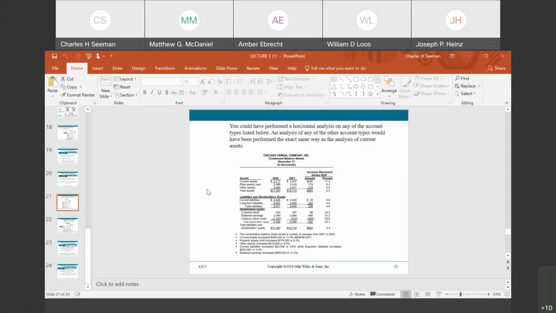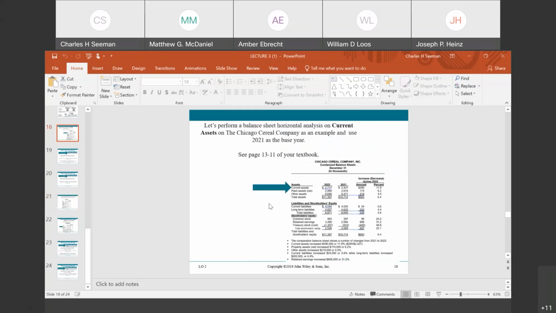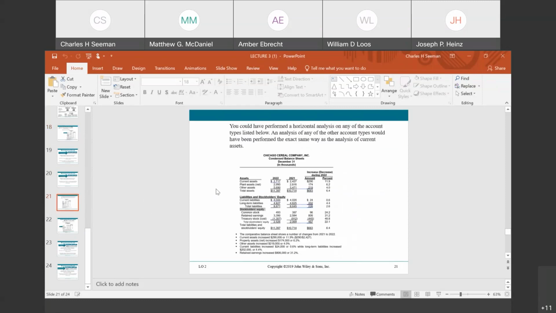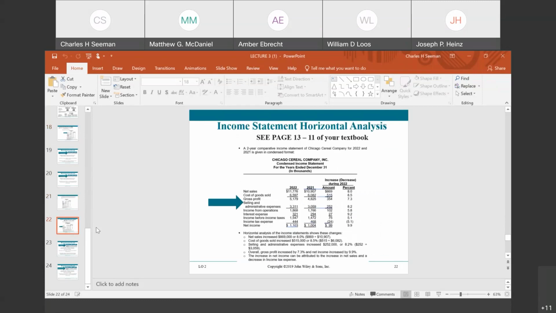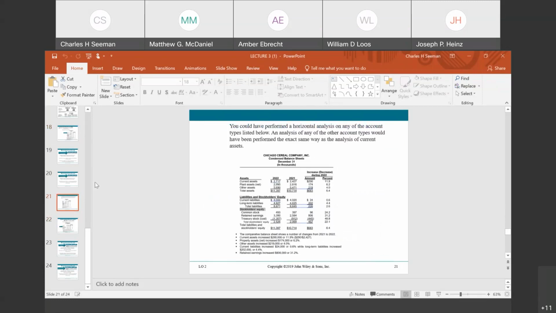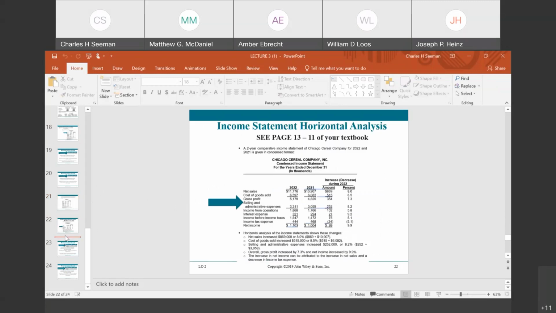You could also perform horizontal analysis, as I said, on broad balance sheet concepts: current assets, plant assets, other assets, total assets, and so on, or individual accounts like net sales, cost of goods sold. You can do it also on the income statement.